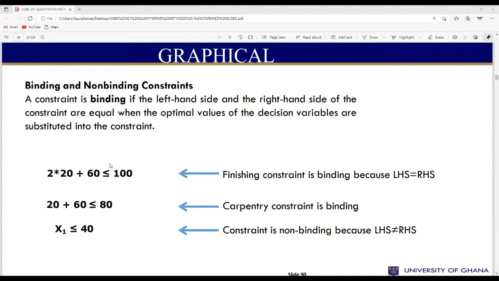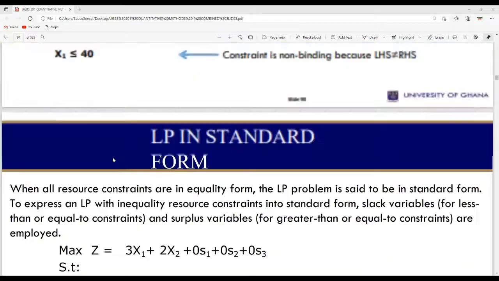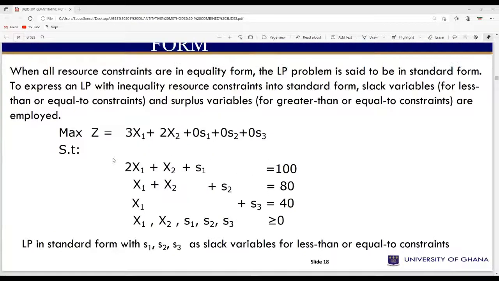If you didn't use something and you want to add up to make it equal to your available resources, you just add your unused resources. When it is about excess or surplus, you just subtract it from what you used. The slack and surplus are not that important, but you should understand them.